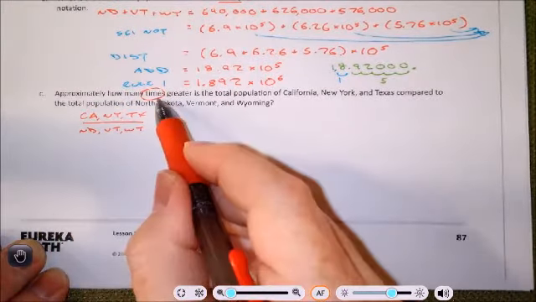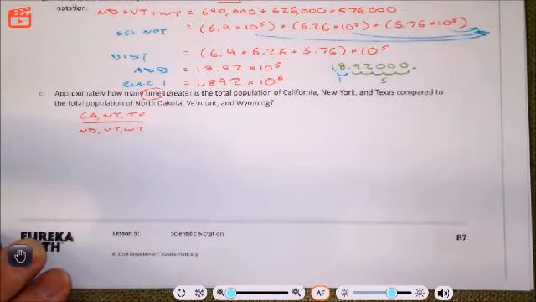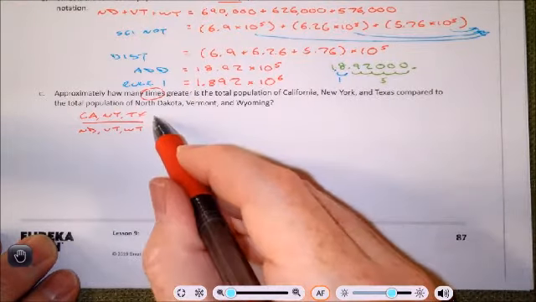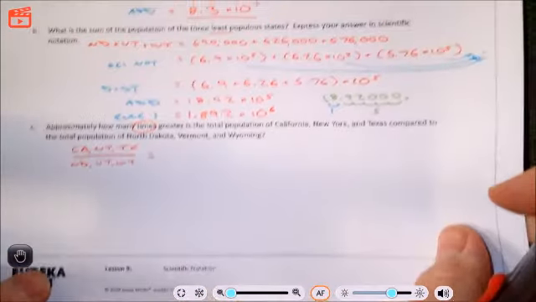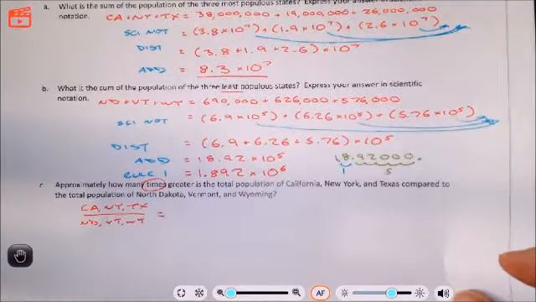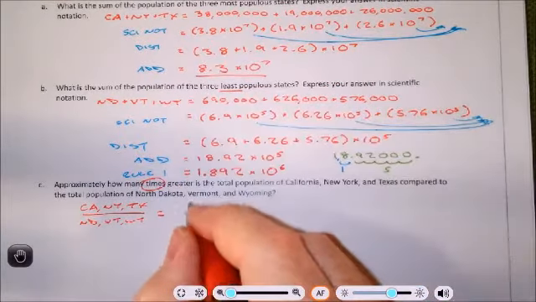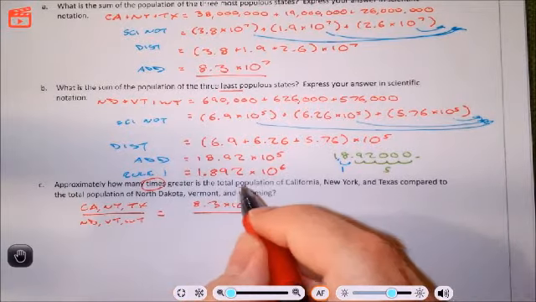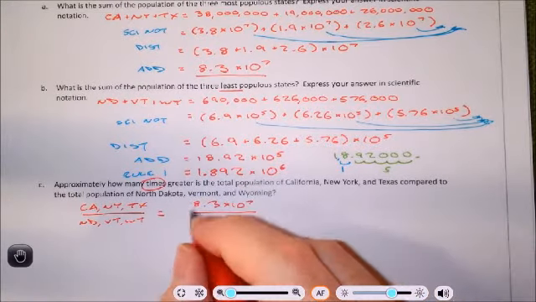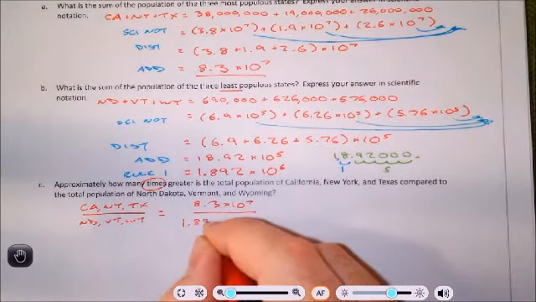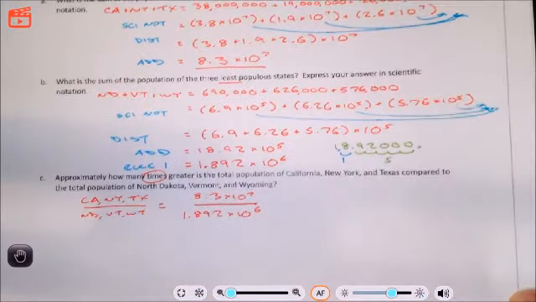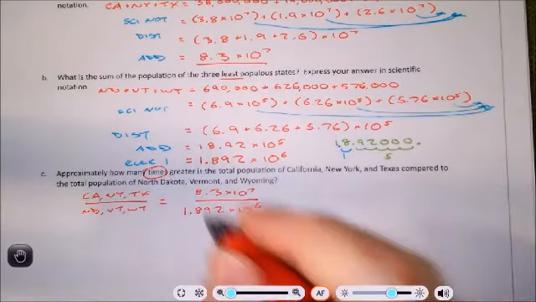So to figure out how many times greater, we need to divide. So we take the answer for the California, New York, and Texas population, which is 8.3 times 10 to the 7th, and we divide by North Dakota, Vermont, and Wyoming, which is 1.892 times 10 to the 6th. So this is the division problem.